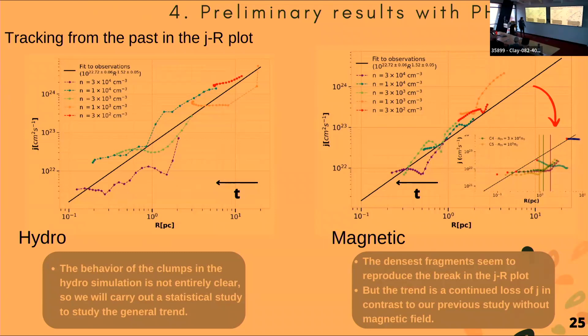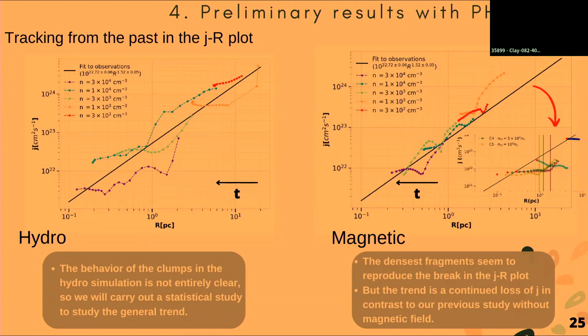But the trend is to get a continued loss of angular momentum, in contrast with our previous study. And in the case of the hydro simulation here, we are not sure that we are getting this.